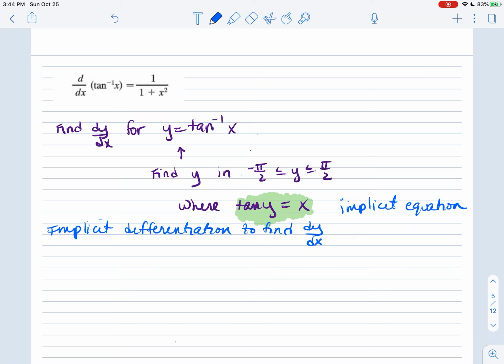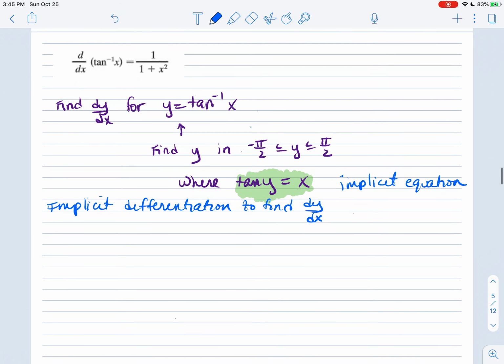And remember with implicit differentiation, y is implicitly a function of x, so whenever we have a term that contains y, we must use the chain rule if we're taking a derivative with respect to x. But all other terms in the equation that just contain x can get normal differentiation.